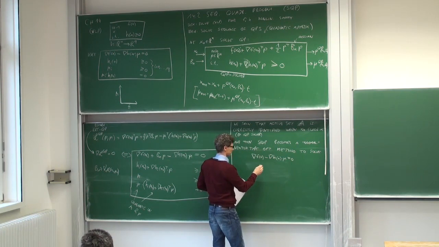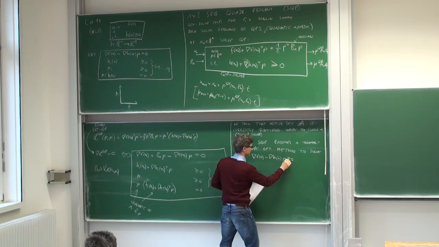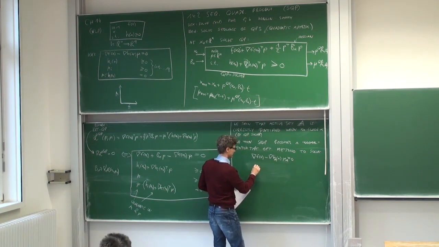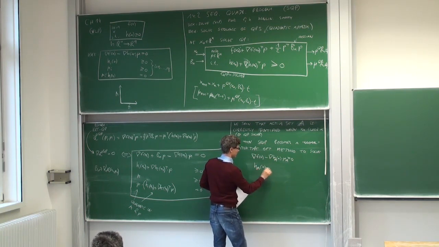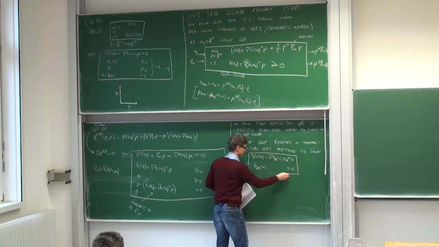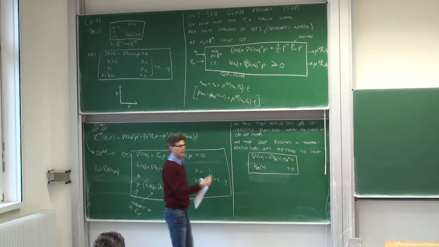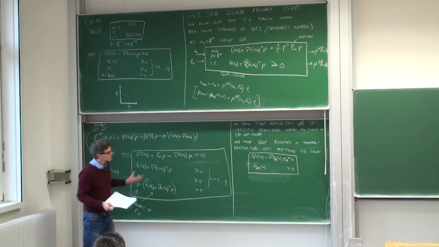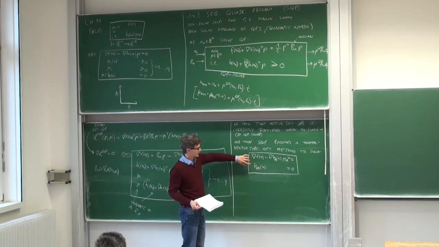Here we can already add the index A, so we would only be interested in the active indices, and also for the equalities we would have only this. This would be a root finding problem. If we know the active set, we could just solve this root finding problem. It's actually quadratic.